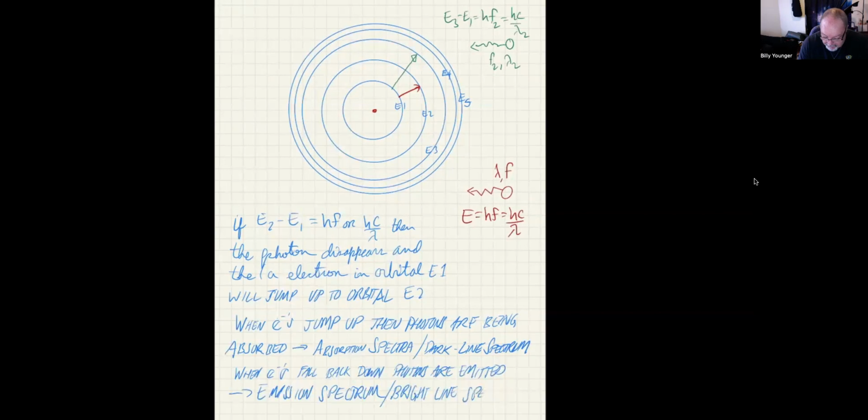So when the electrons fall back down, photons are emitted, and that creates what we call an emission spectra. And wow, that's really some bad looking writing I did there.